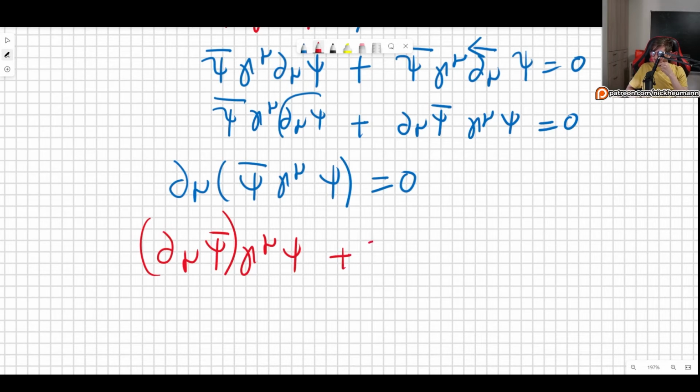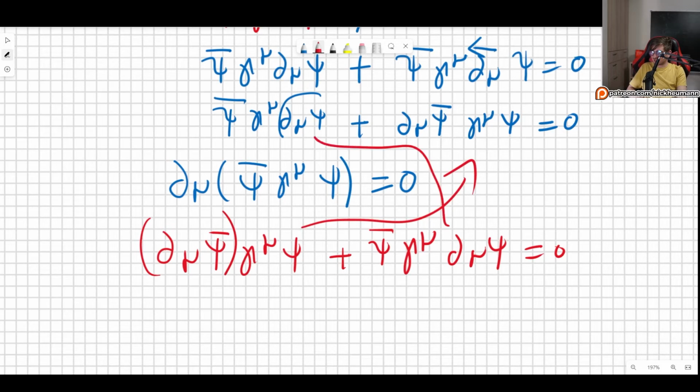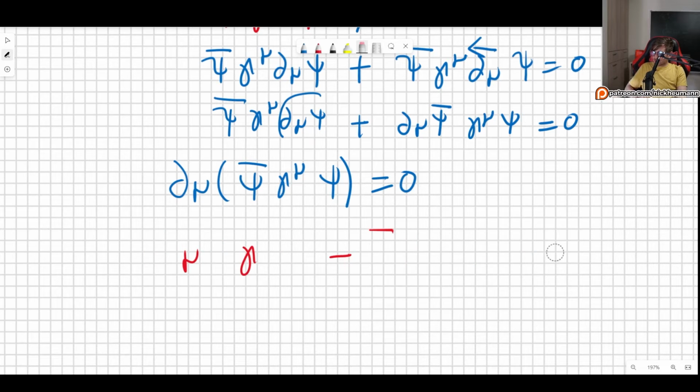Then we have plus ψ-bar γ^μ, the γ^μ is unaffected by the derivative, ∂_μ ψ, which is of course the same thing that we had before. Actually, it's the other way around: this is that, and this is that.